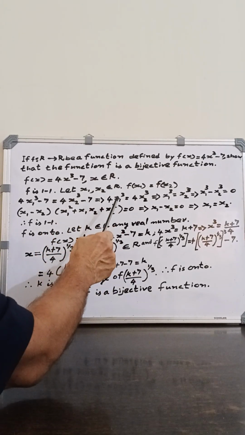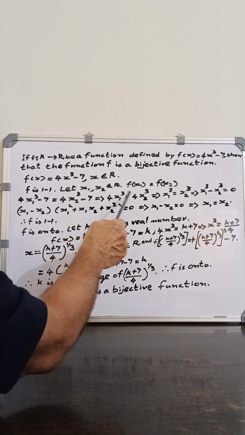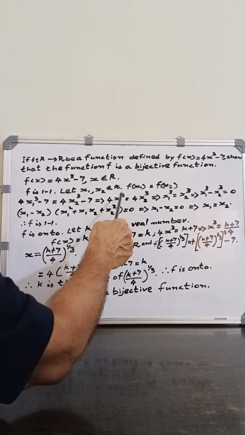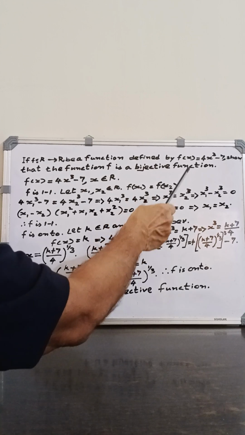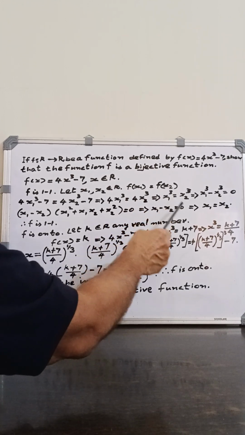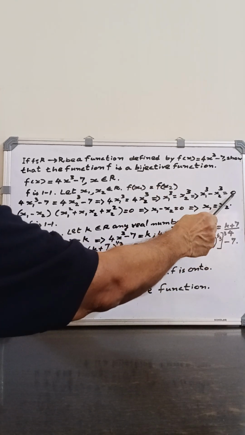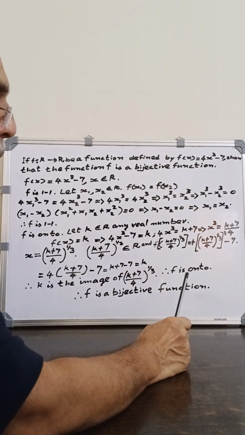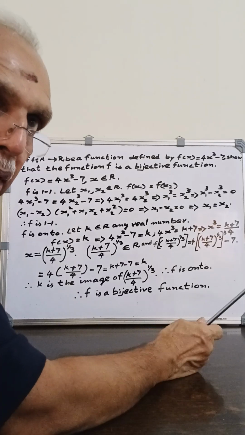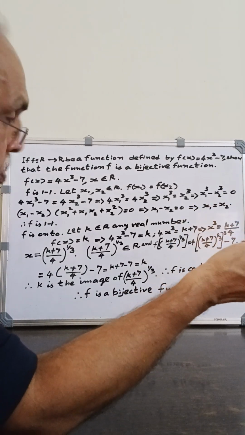That is, 7 and 7 cancel. Therefore, 4x1 cube equals 4x2 cube. 4 and 4 cancel. Therefore, x1 cube equals x2 cube. That is x1 cube minus x2 cube equals 0, like a cube minus b cube equals 0, or x cube minus y cube equals 0.